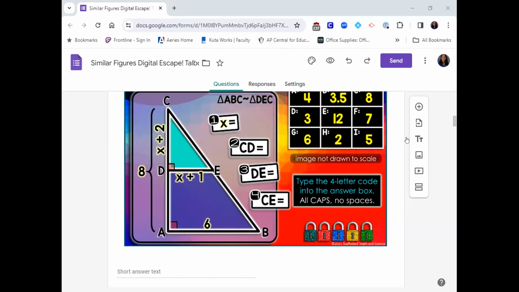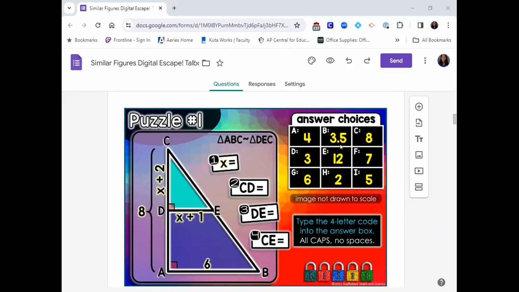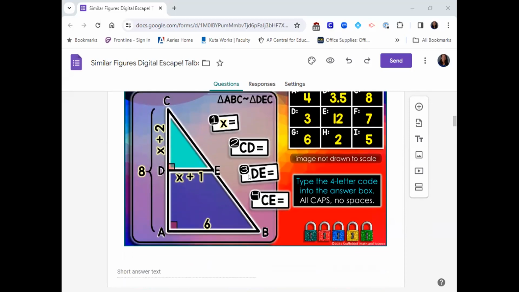The second letter in the code is CD. CD is from here to here, which is what? X plus 2, which is 2 plus 2, which is 4, which is A. Second letter is A. Are you with me? Do you see what we're doing here? Third letter is DE, which is 2 plus 1, which is 3, which is D. And 4 is CE.